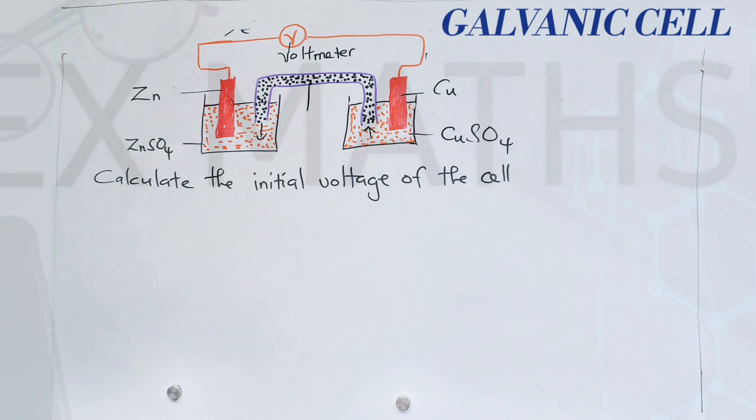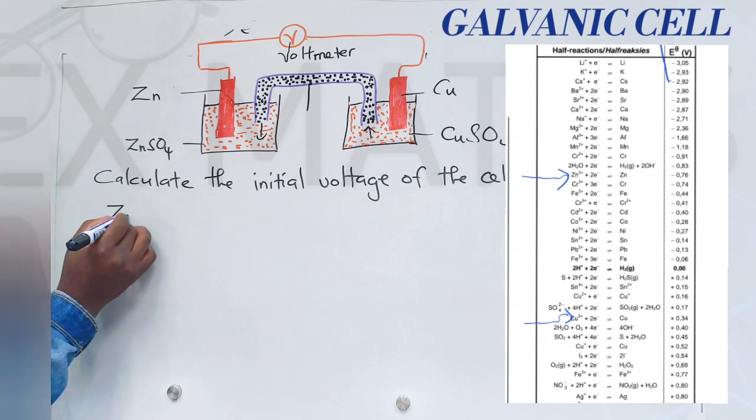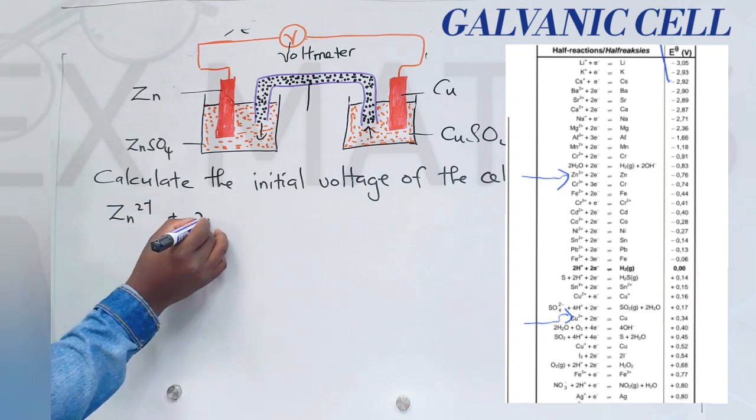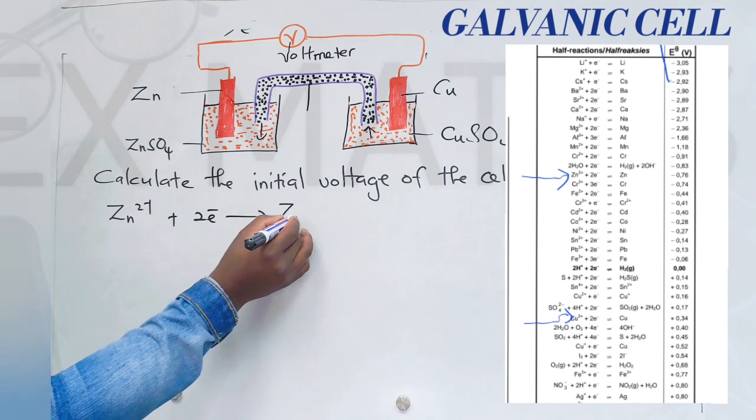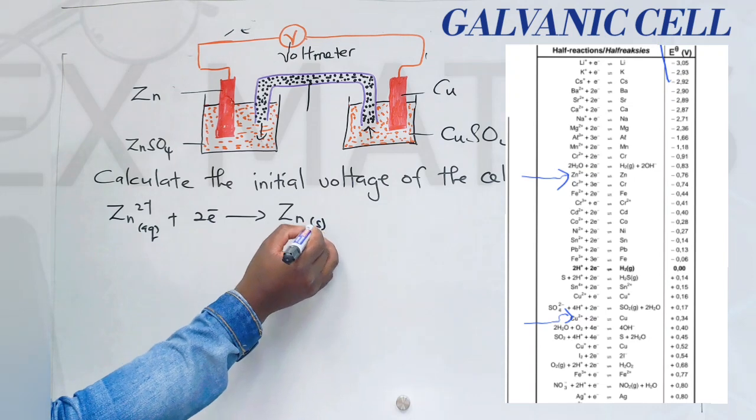So we have what we call the data sheet with the reduction or oxidation potentials with the half reaction of all the metals. In this case, we have metals like zinc. You take your data sheet, then you copy those half equations. So we have Zn2+ plus 2 electrons reduced to Zn solid. This one is aqueous, this is solid.